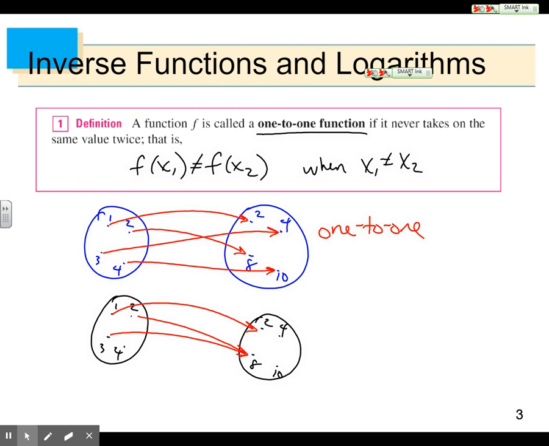So yes, it is a function, because the 3 did not go to the 8 and the 3 did not go to the 10. That's perfectly fine. Each element on the left is mapping to 1 element on the right, but the fact that this 8 is being shared right here means it is not one-to-one. That would be a little bit of a difference right there.